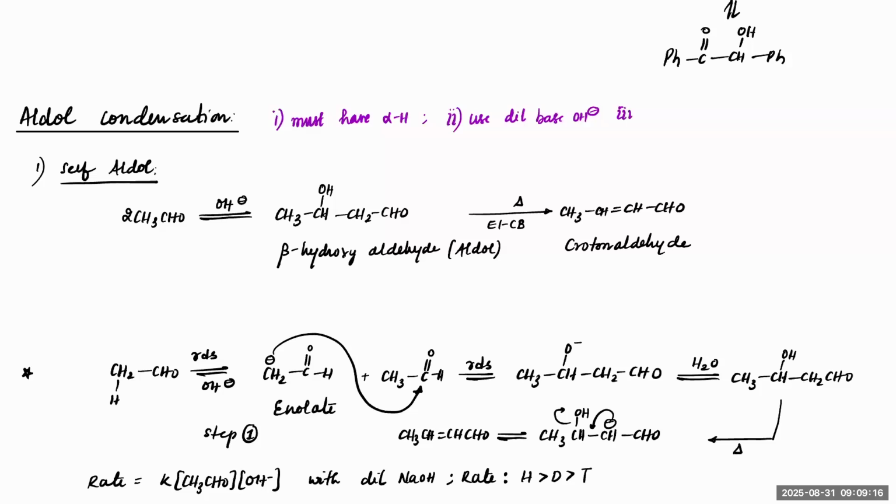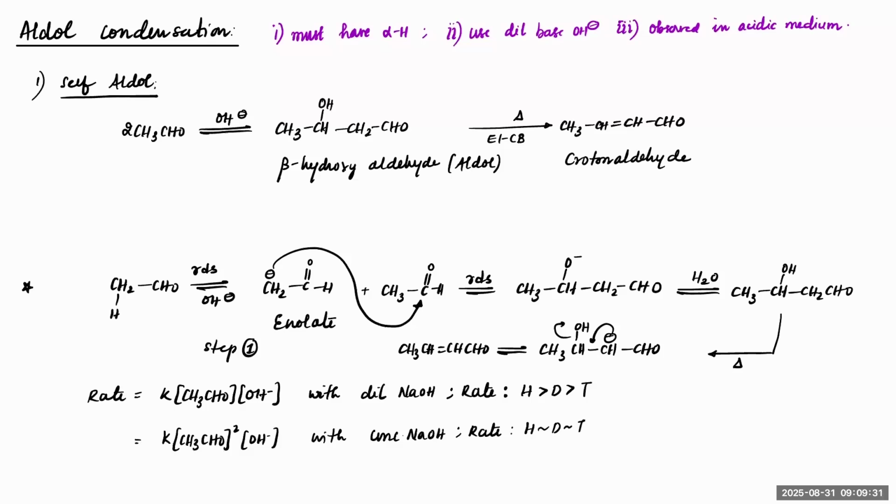Also observed in acidic medium also. While Cannizzaro is not observed in acidic medium, here it can be observed in acidic medium also. These three are the important conditions for aldol.